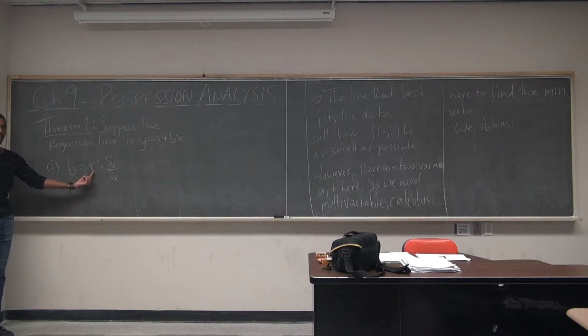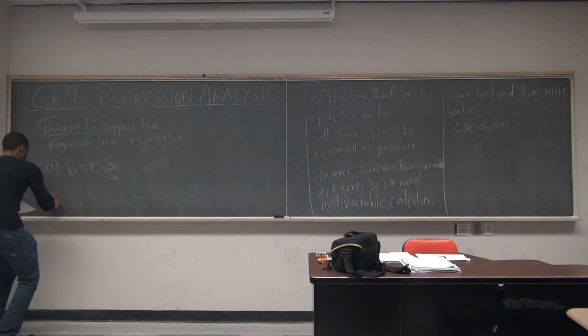Based on the formulas that I gave you in the last section. So this is just the covariance divided by the product of the standard deviations. These are the standard deviations of y and x respectively. And that will actually give you your b coordinate.